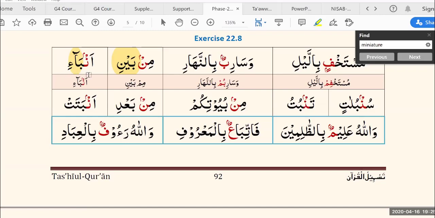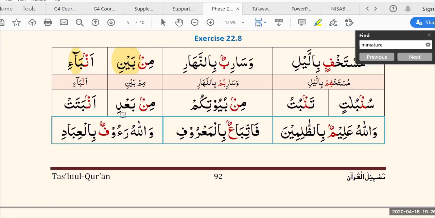Ambai. Ambai. Okay. So now this time the mim was short. So if you keep practicing, inshallah, it will get better as well, even if you are short of breath or anything. Okay. So next word.